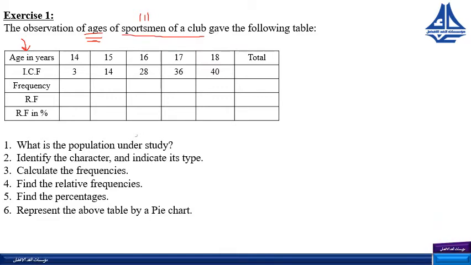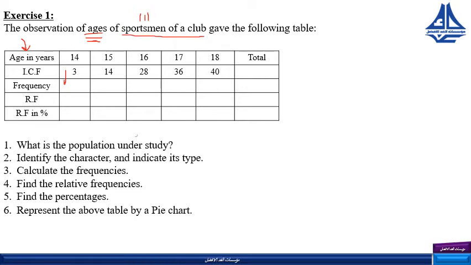3. Calculate the frequencies. From the ICF, we should move to find the frequencies. In the fourth part, calculate the relative frequencies. If we calculate the frequencies, it's so easy to calculate the relative frequencies.